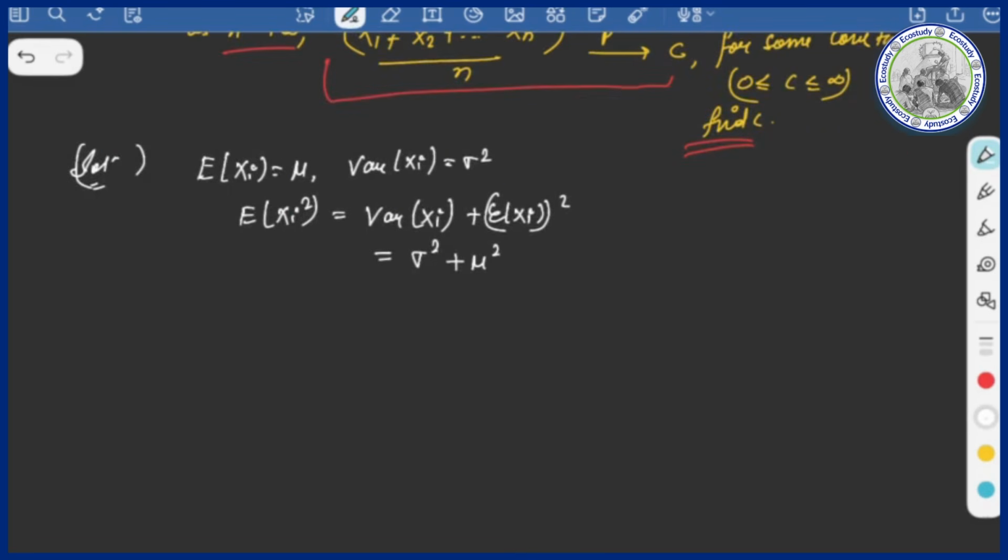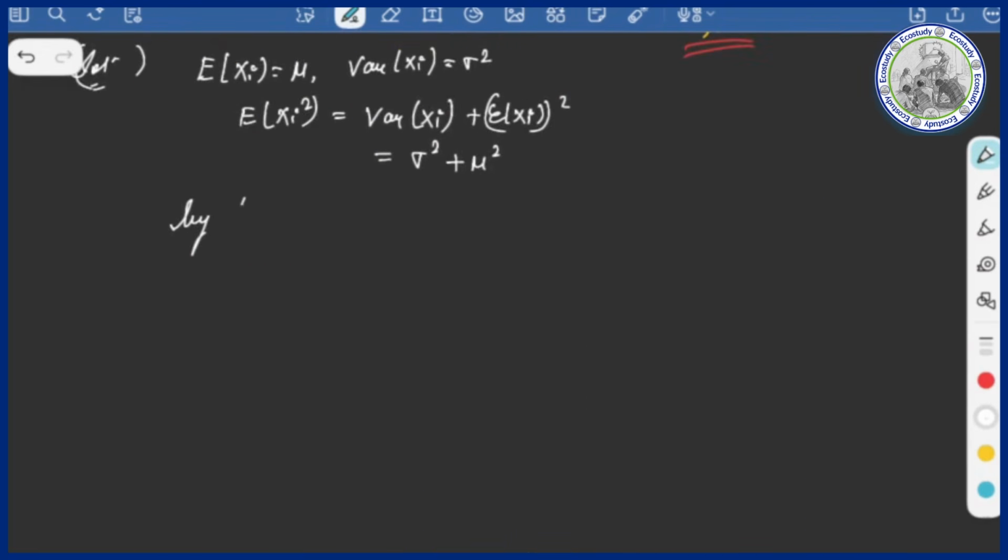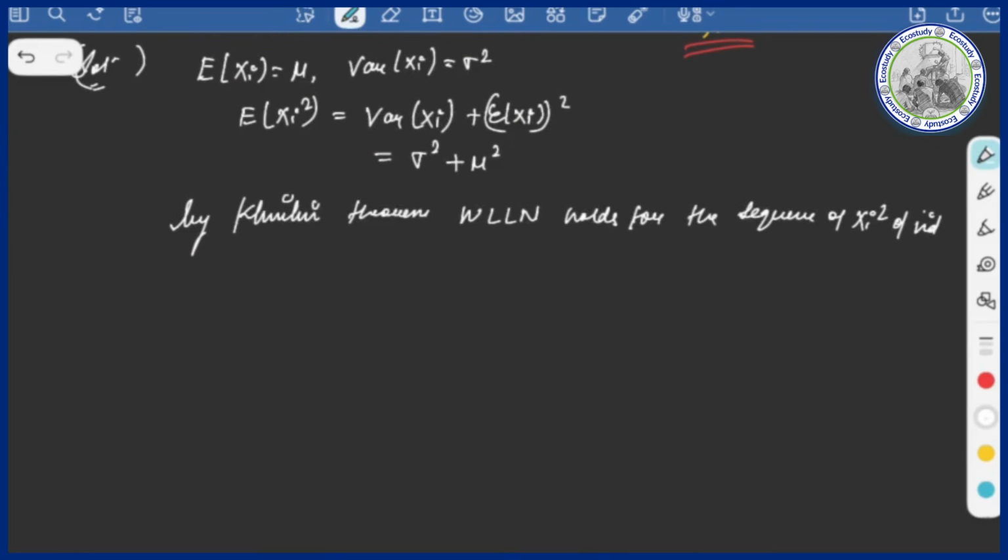Now by the theorem that I have written here, the Khinchin theorem, the weak law of large numbers holds for the sequence of Xi square of IID. What does it mean? It means (X1 square plus X2 square plus dot dot dot Xn square) divided by n will converge in probability to expectation of Xi square as n tends to infinity.